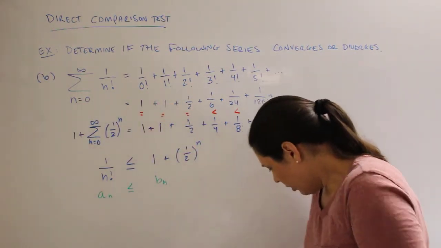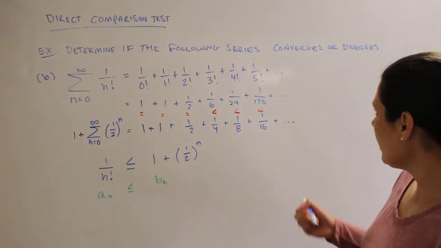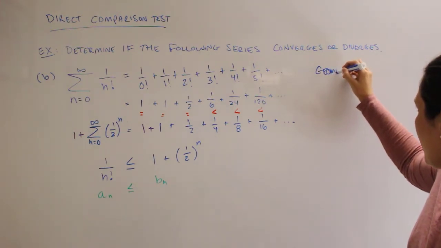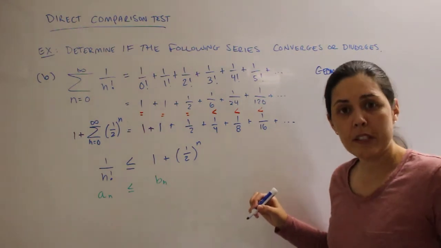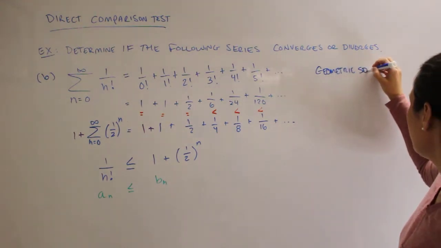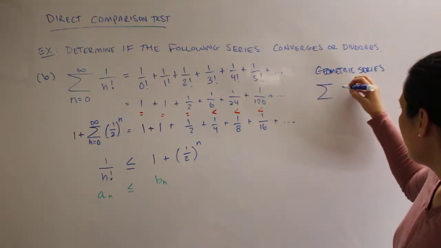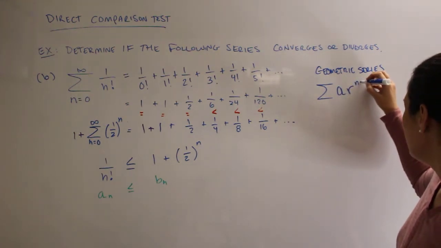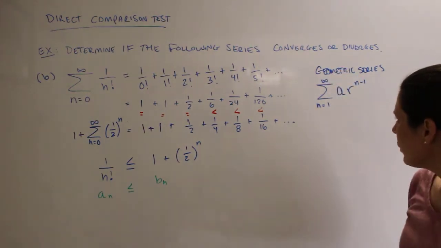Recalling from when we learned about geometric series, let me write that information over here. We learned a few sections back, when we were just getting into infinite series, about geometric series, in the format a times r to the n minus 1, where n starts at 1 and goes to infinity.